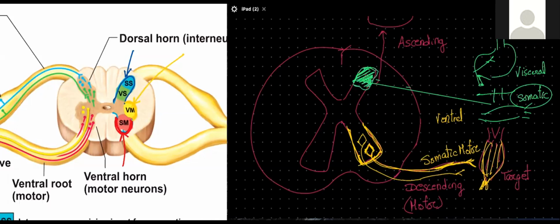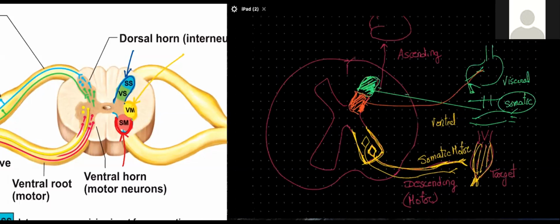Compared to the visceral sensations coming, for example, from blood vessels, from stomach, from the lung tissues, they will be conducted towards the nerve cells located in the anterior part of the dorsal root of the gray matter of the spinal cord.